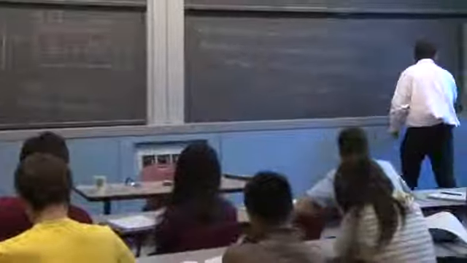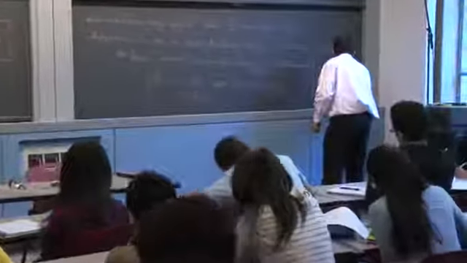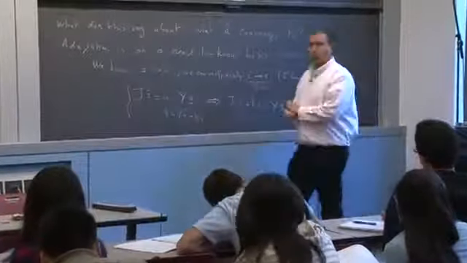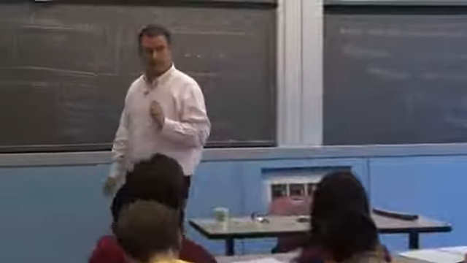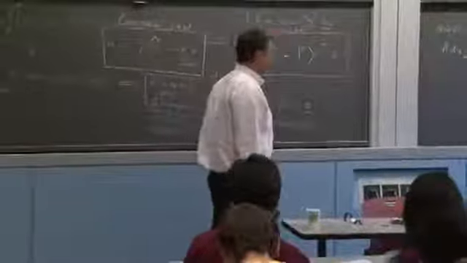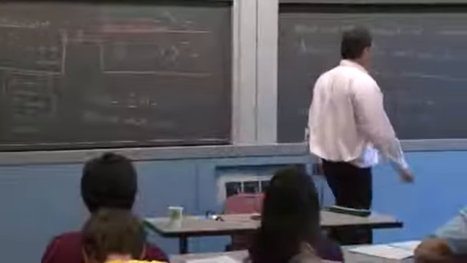So YD. A tilde tends to 0 because Y tends to YD. All right? Okay.